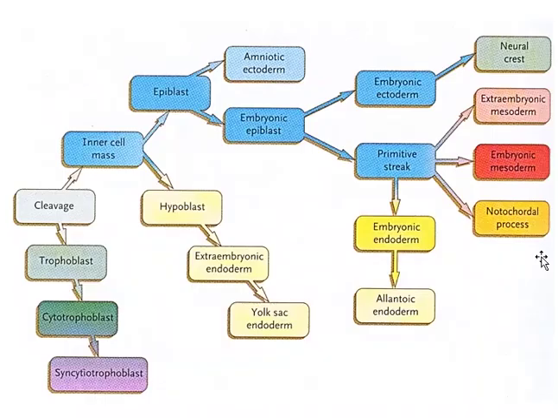This mind map figure shows the fate of cells and areas from the cleavage. Cleavage, if you remember, is the continuous division of the zygote from 2 cells up to more than 96 cells.